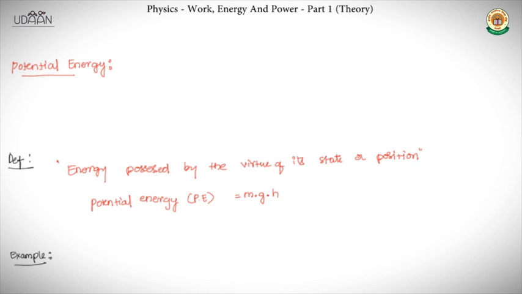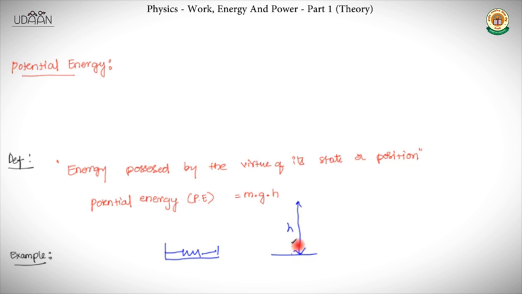Now we see another important term, potential energy. What potential suggests is possibility or capacity for action. The term potential energy brings to one's mind stored energy. A stretched string possesses potential energy, a compressed spring possesses potential energy, and a body at a particular height h possesses potential energy.